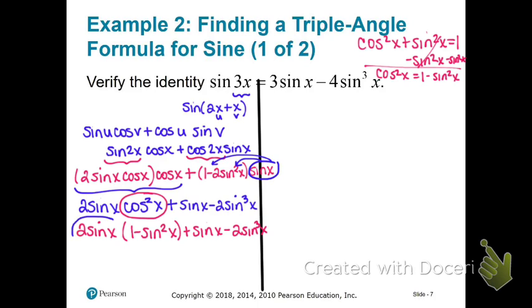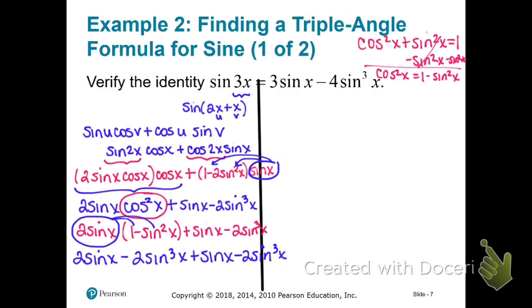Ooh, this is really deep. And so let's go ahead and distribute. I feel like we've distributed everything. So we got 2 sine of x minus 2 sine cubed of x, and bring down the rest. And then what?